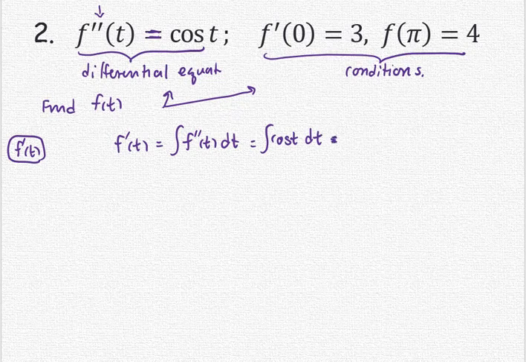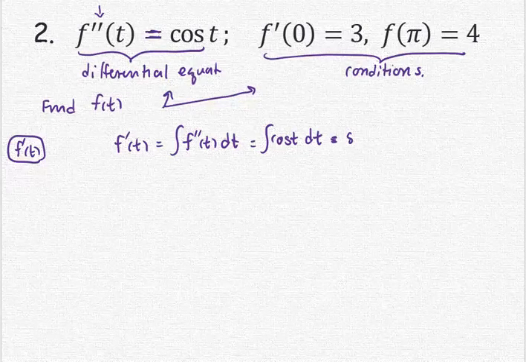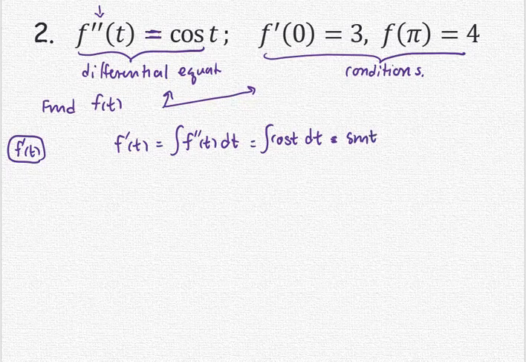The function whose derivative is cosine is the sine function. You can check that the derivative with respect to t of the sine function is the cosine function. That's why the antiderivative of cosine t is sine t.